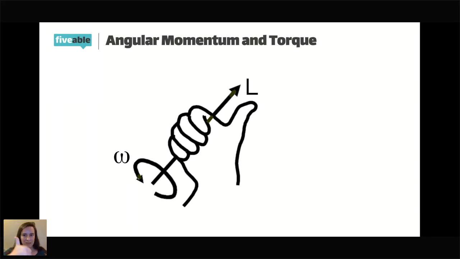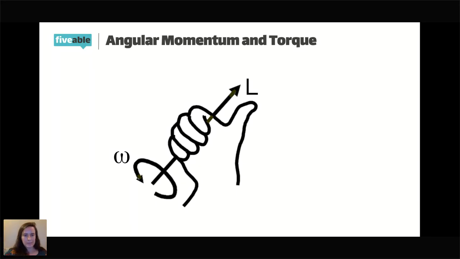So if you take your right hand, you give a nice thumbs up, your thumb is in the direction of the vector, your angular momentum, and your fingers curl the direction that you're spinning. So if I have something spinning this way, the direction of my angular velocity vector and also my angular momentum vector is thumbs out towards me.